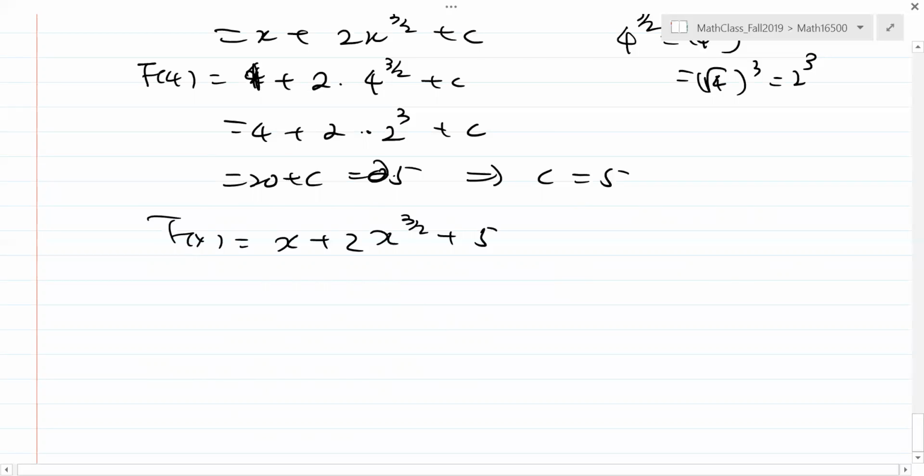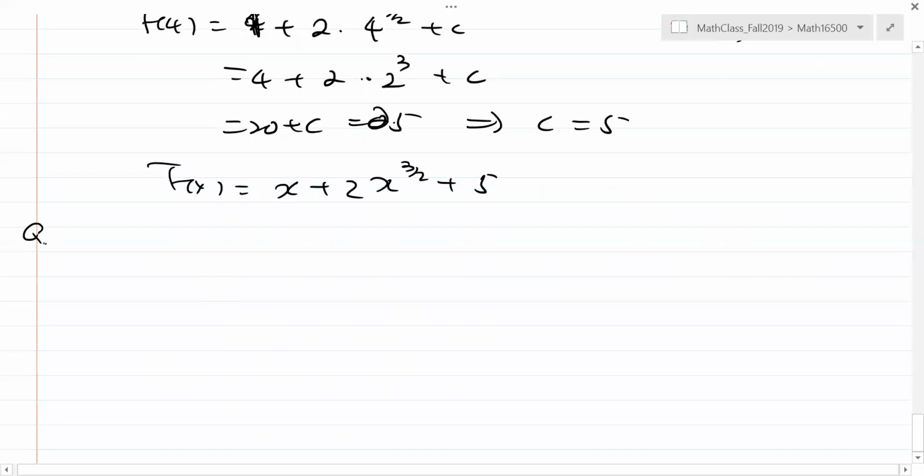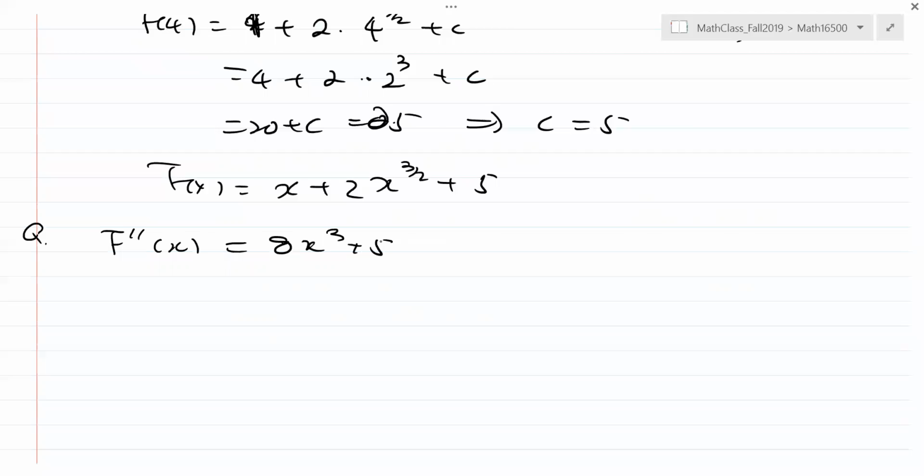Now for practice, this is a little bit more complicated. The second derivative of the function is going to be this. It's interesting. So this is the second derivative of the function, and we're trying to find the original function.